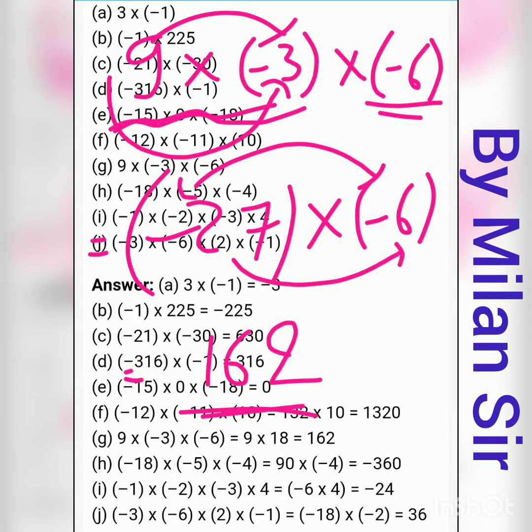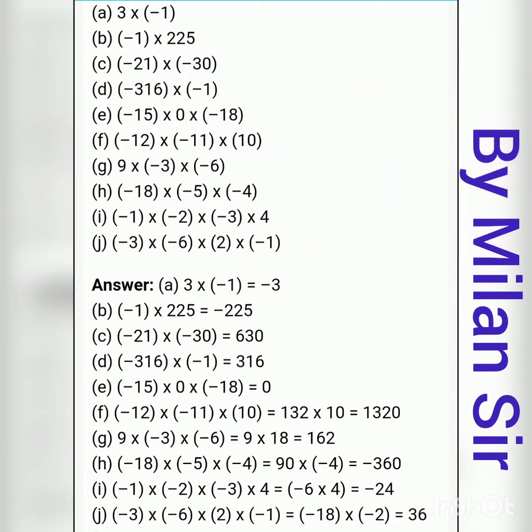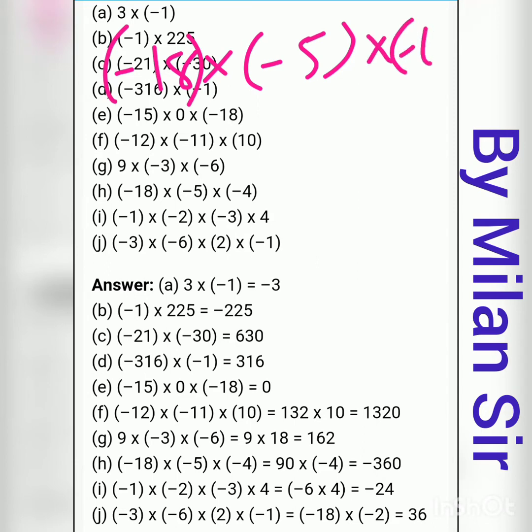27 multiply 6 is 162, and minus minus is plus, so 162 is our final answer. Okay, next: minus 18 multiply minus 5 multiply minus 4. Here if we multiply the last two numbers, it's easy, because we know that 5 4s are 20, and multiplication with 20 is very easy.